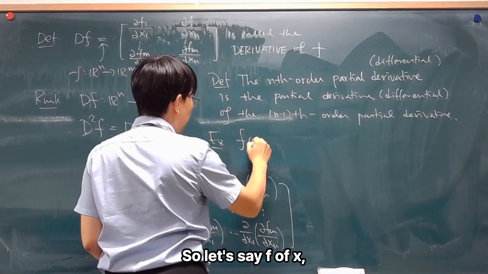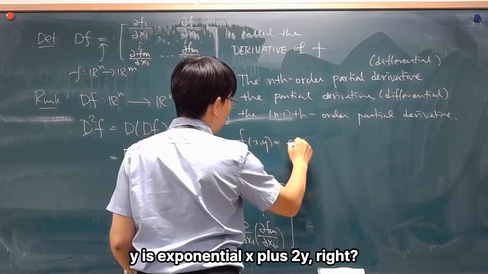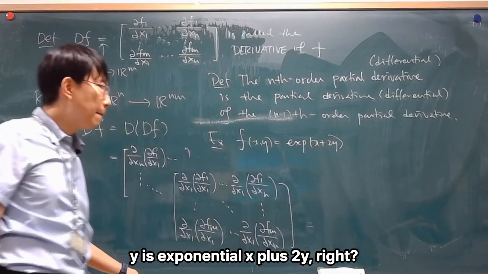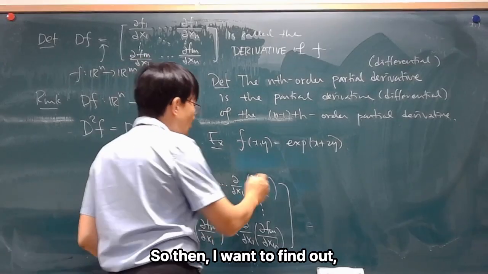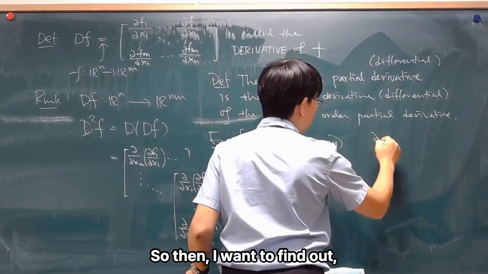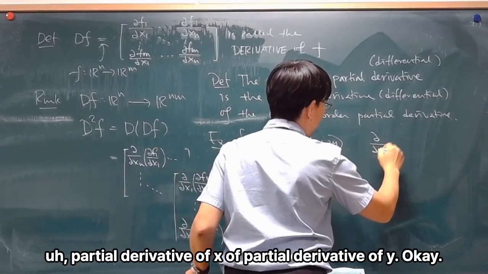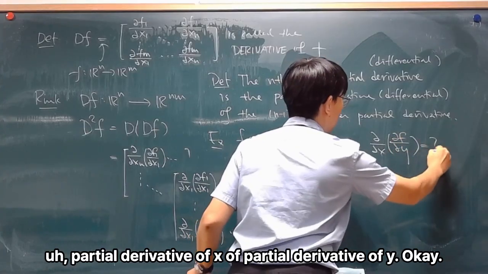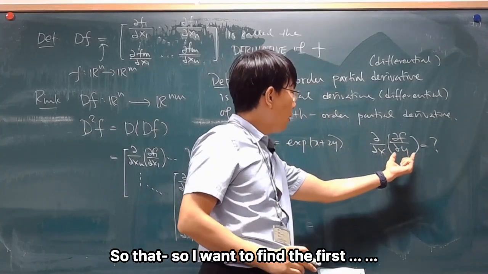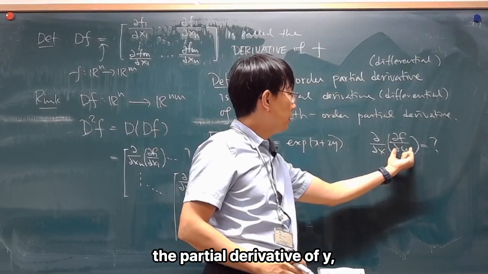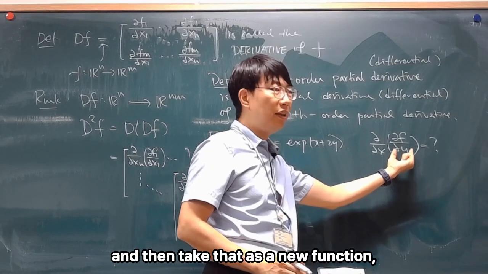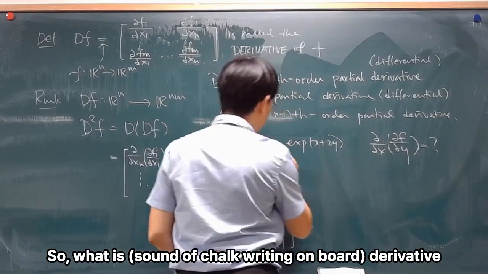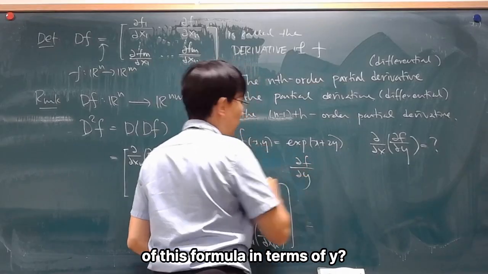Let's say f of x, y is exponential x plus 2y. Then I want to find the partial derivative in x of the partial derivative in y. I first find the partial derivative in y, then take that as a new function, and take the partial derivative in x again. So what is the partial derivative of this formula in terms of y?